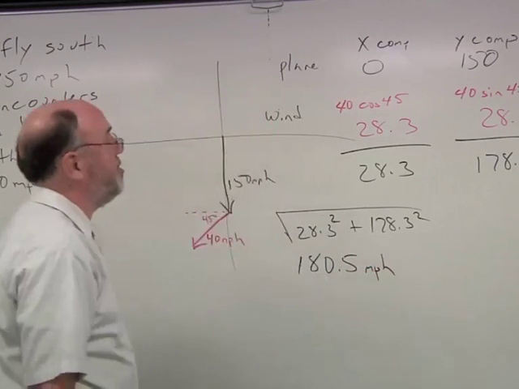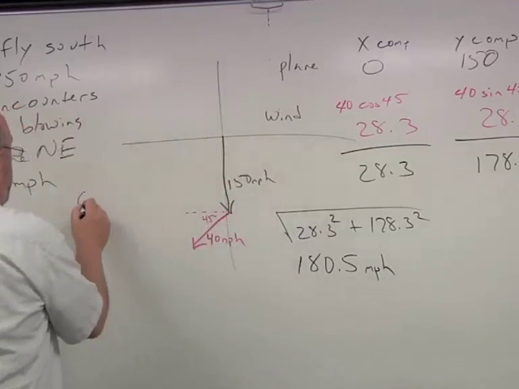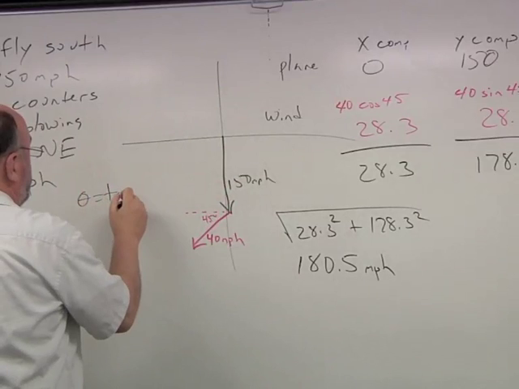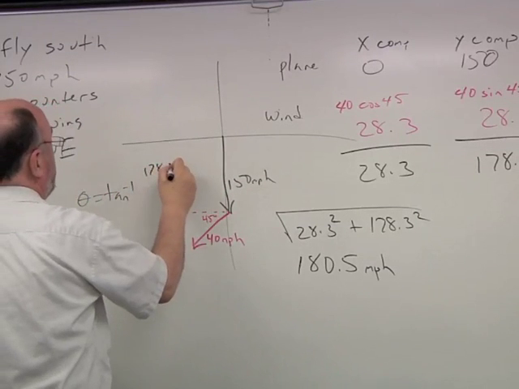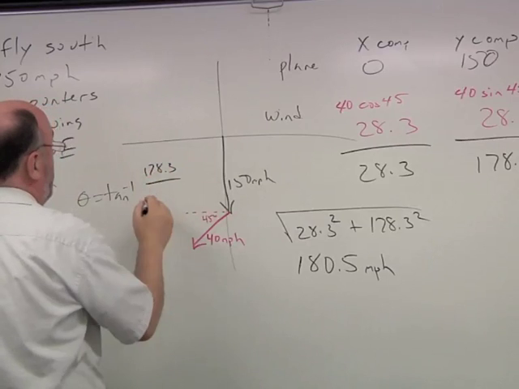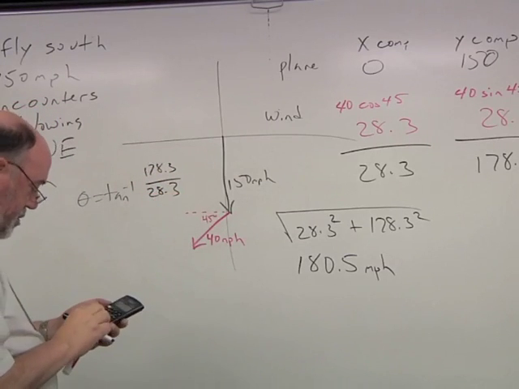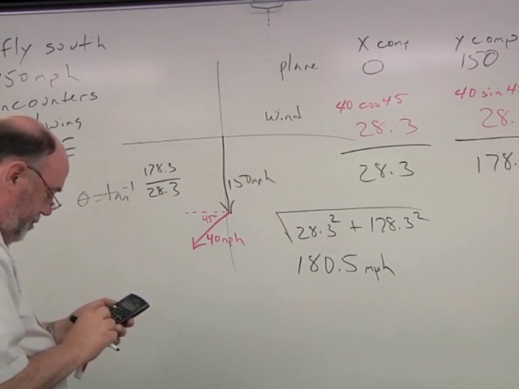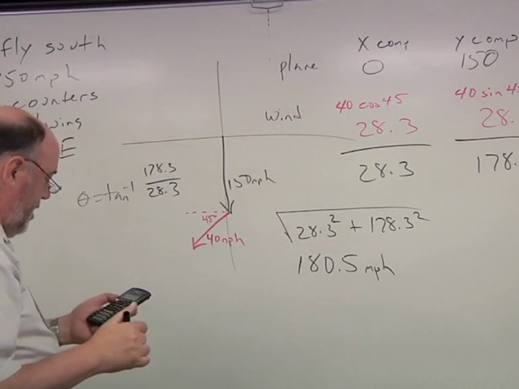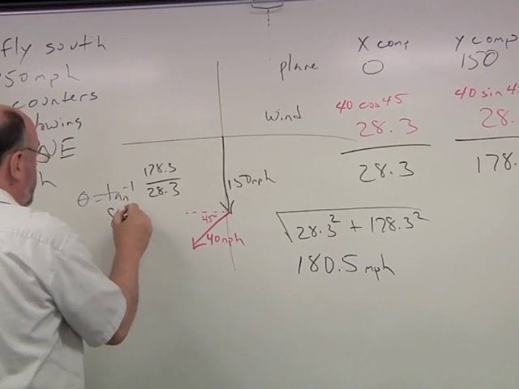And then the angle it's going off at, theta, is going to be the inverse tangent of y over x, so 178.3 over 28.3. And that gives us an angle of basically 81 degrees.